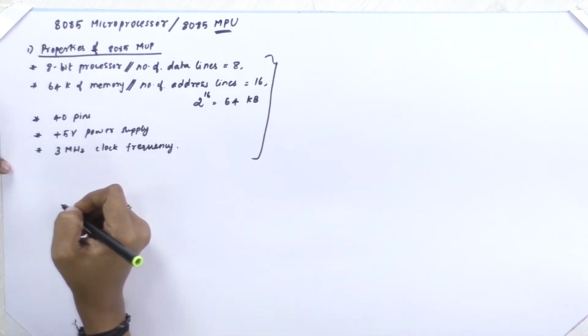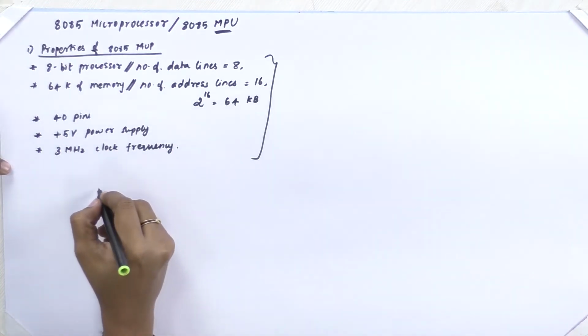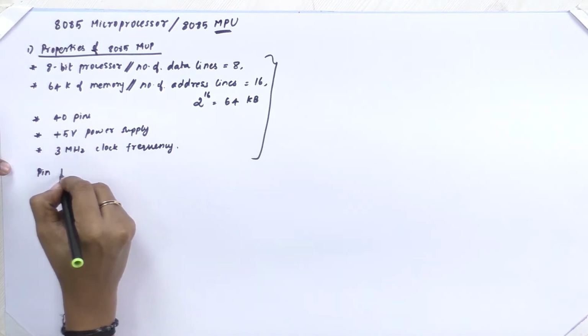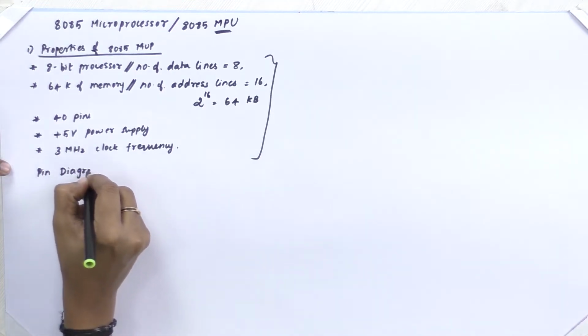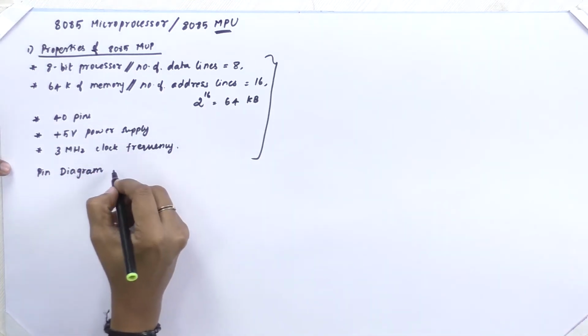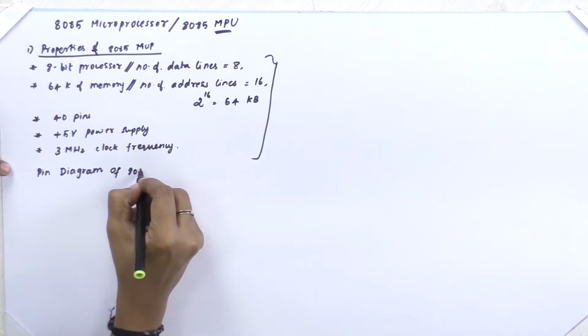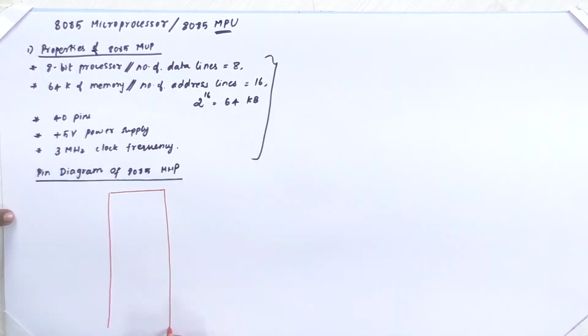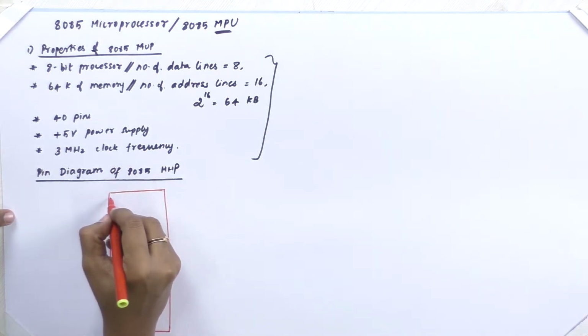Next, we will look into the pin diagram of the 8085 microprocessor. We know that the 8085 microprocessor is made up of 40 pins.